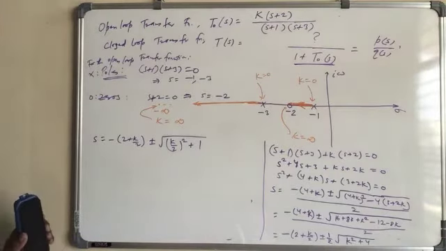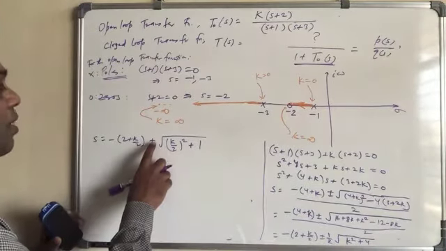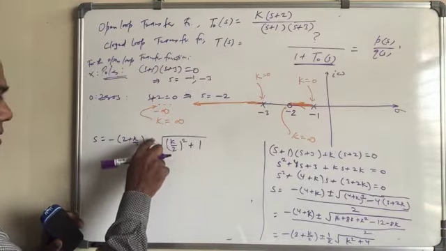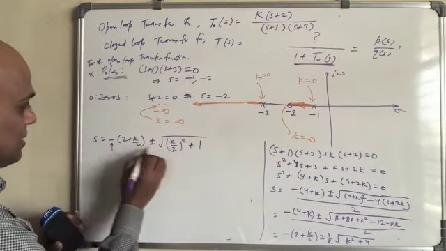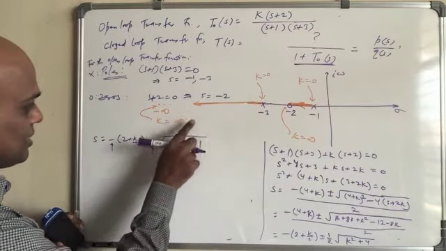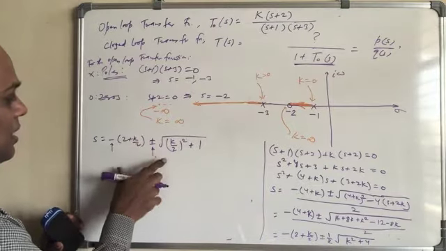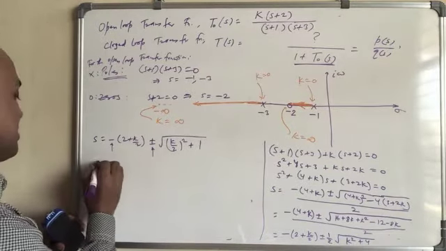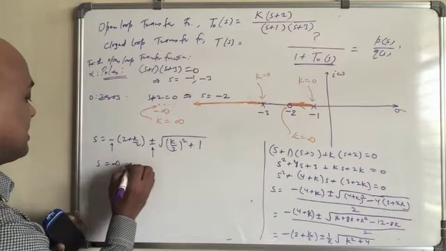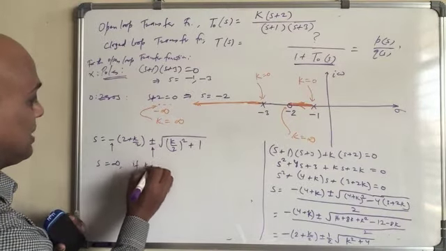Okay, so here it's minus, here it's minus, k tends to infinity. So one of the roots will be infinity. So S equal to infinity if k tends to infinity.